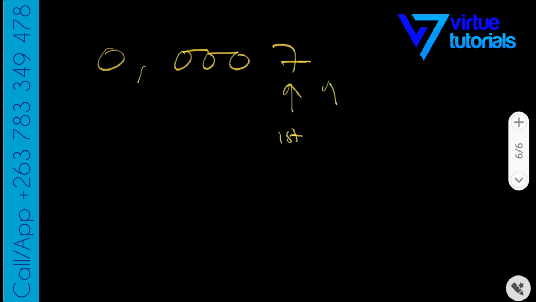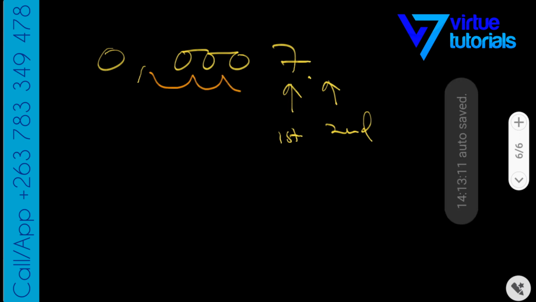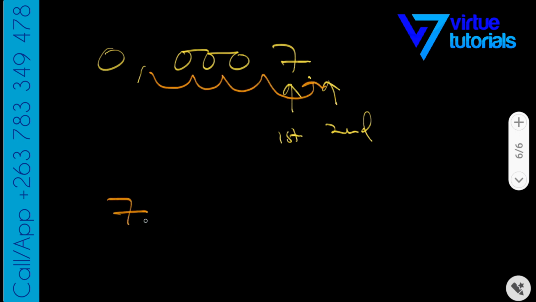My second would have been there. So that's where I need to move the comma. I move the comma 1, 2, 3, 4 steps, then I'll get a 7. These zeros won't mean anything, and then I'll append times 10 to the power 4 because it moved 4 steps.